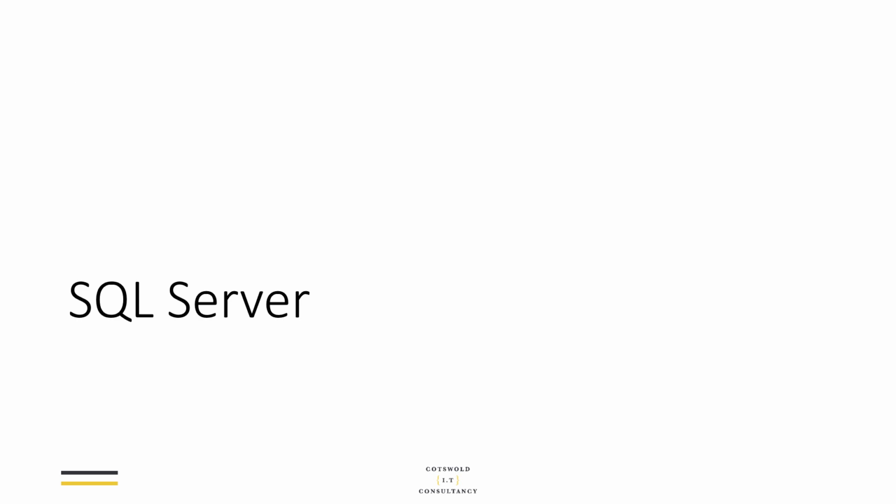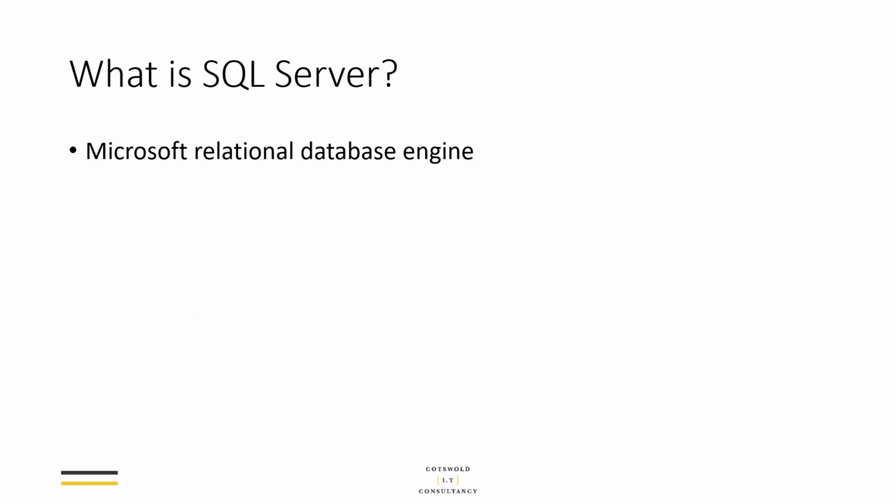So let's start by very briefly giving a bit of background about what we're actually talking about here. We're going to start by looking at SQL Server itself. Most of this you hopefully already know: this is a Microsoft relational database engine. So we're talking about a database that has relationships between different tables, and the relationships between the tables allow us to enforce what we call referential integrity.